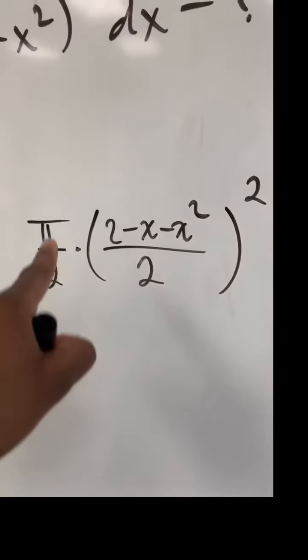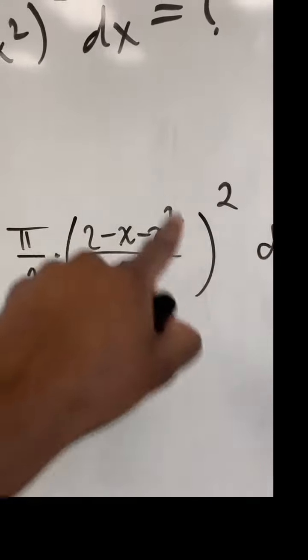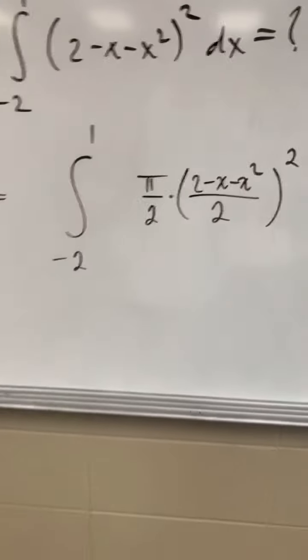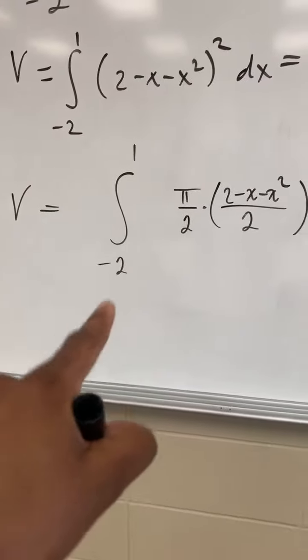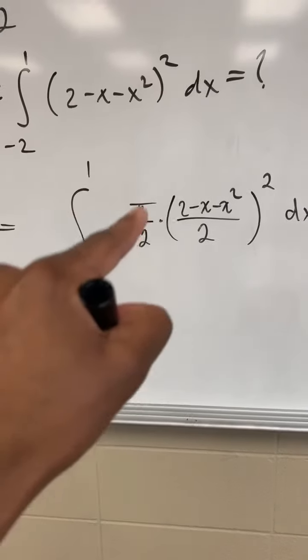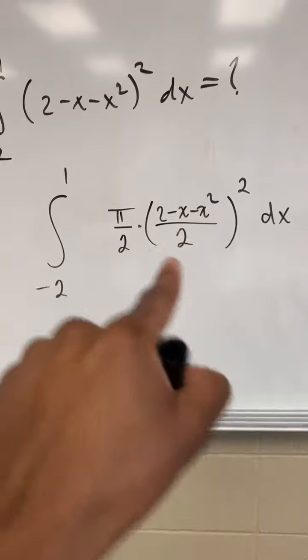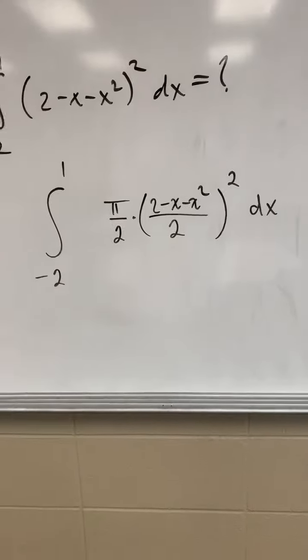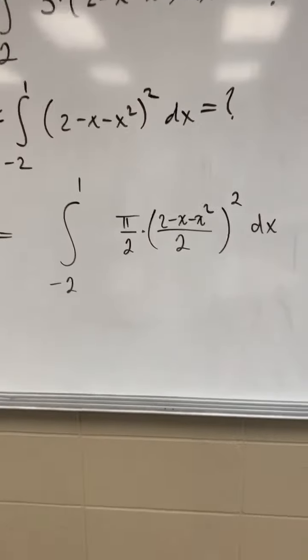Remember, the volume will be equal to the integral from -2 to +1 of pi r squared divided by 2. And once again, this will calculate out and give you the volume.